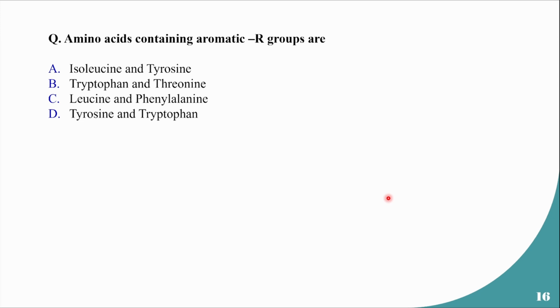So aromatic R groups means that the side chain will have a ring structure, right? An aromatic ring. Try to answer this one in the chat. We'll look at it.